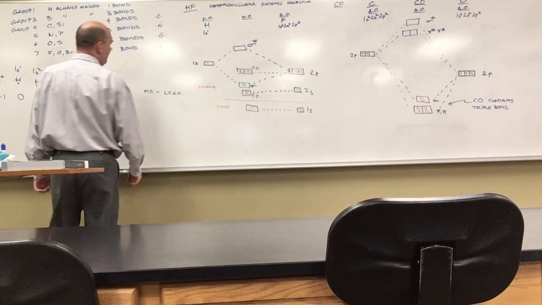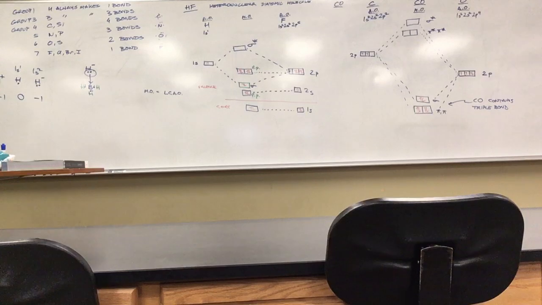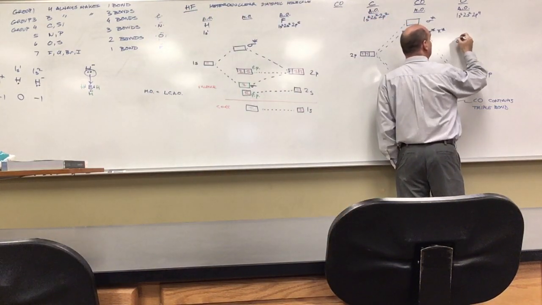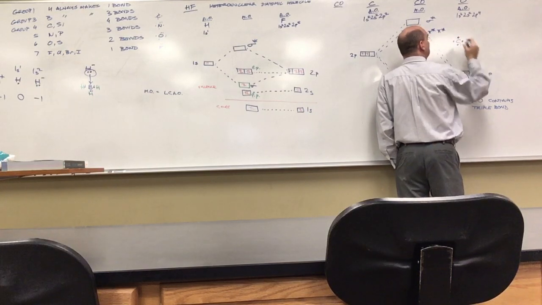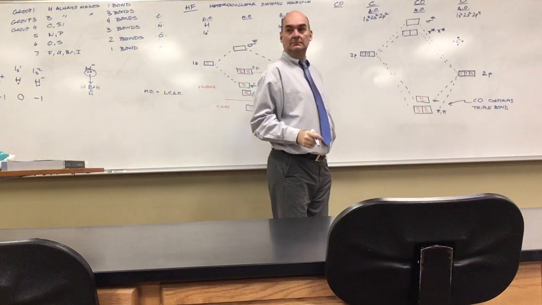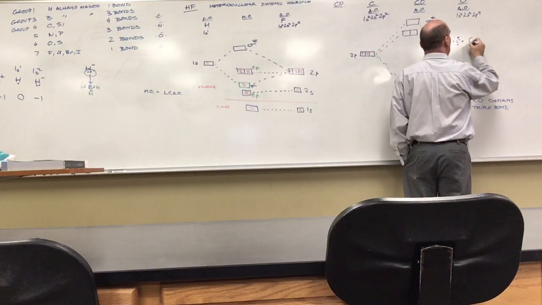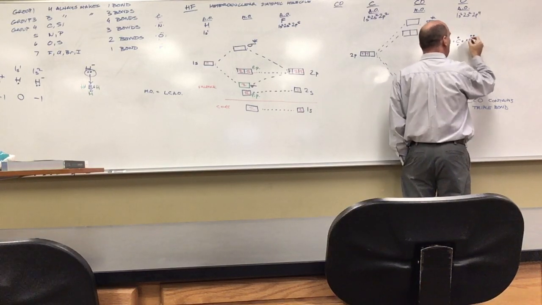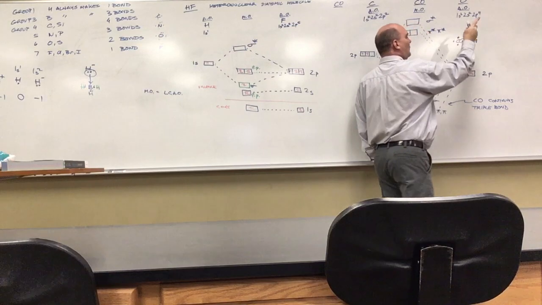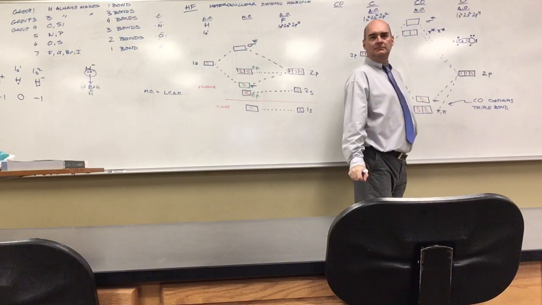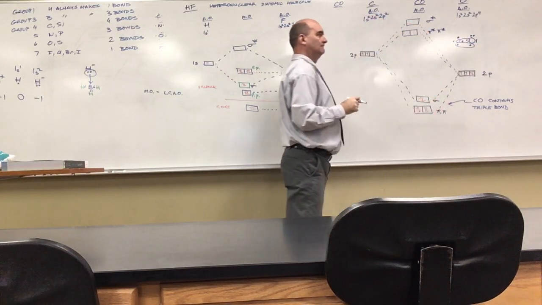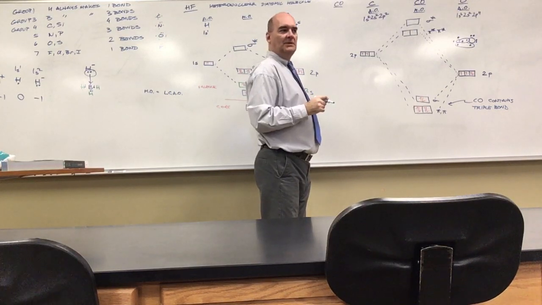To draw the Lewis structure of carbon monoxide, you have to do that. You have to make the carbon and the oxygen bond together. Here's a carbon. Here's an oxygen. If I bond that, the carbon on the right has 5 valence electrons. We do this. Doesn't work.